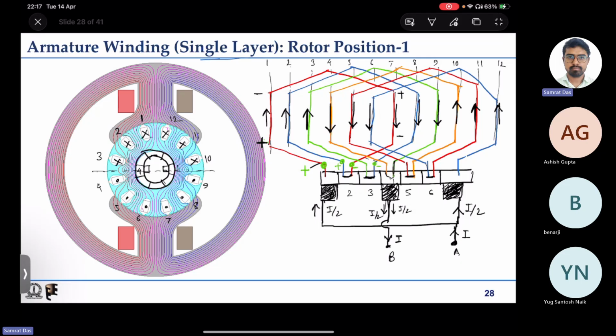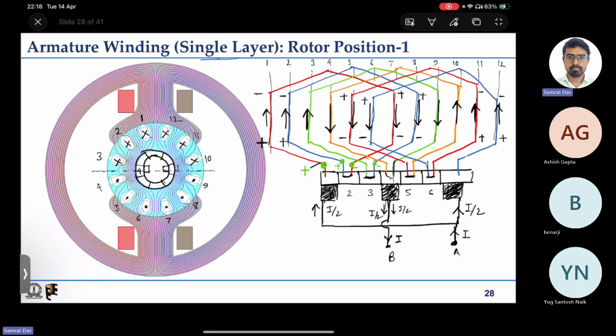So this is coil 1 voltage, coil 2 voltage is like this, coil 3 does not have any voltage, coil 4 does not have any voltage, coil 5 has opposite voltage, and coil 6 again has the same polarity as that of coil 5. Where is coil 6?